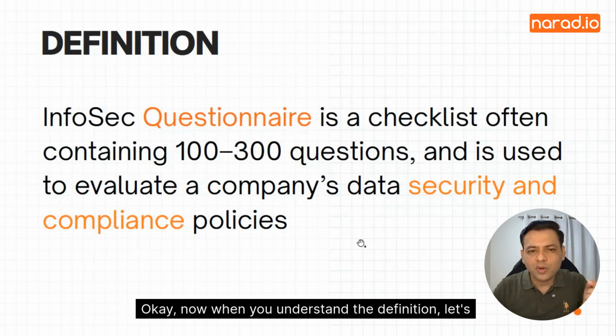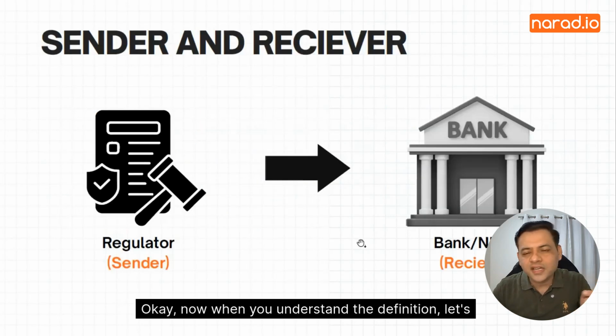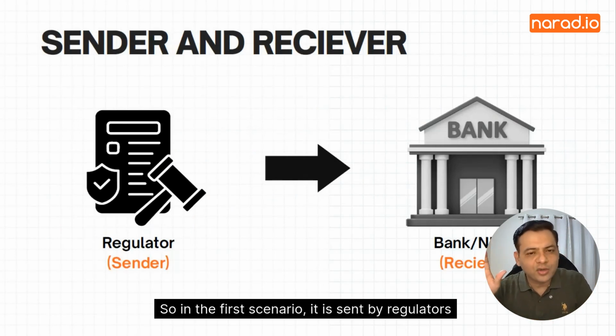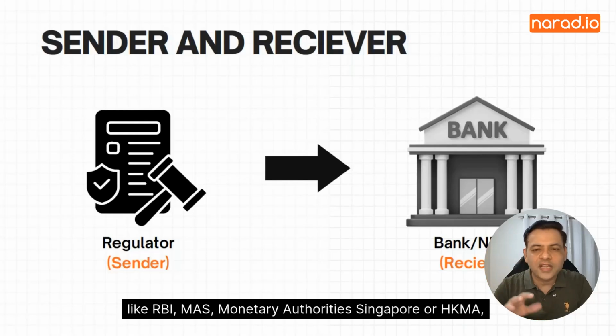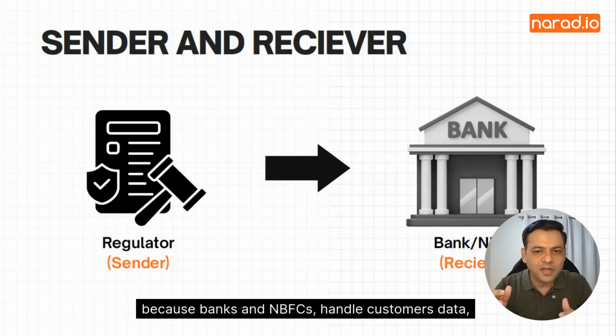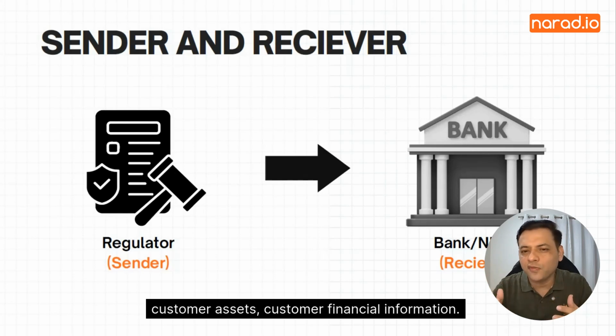Okay, now that you understand the definition, let's understand who sends it and who receives it. In the first scenario, it is sent by regulators like RBI, MAS, the Monetary Authority of Singapore, or HKMA, the Hong Kong Monetary Authority, to the banks and NBFCs, because banks and NBFCs handle customers' data, customer assets, and customer financial information.